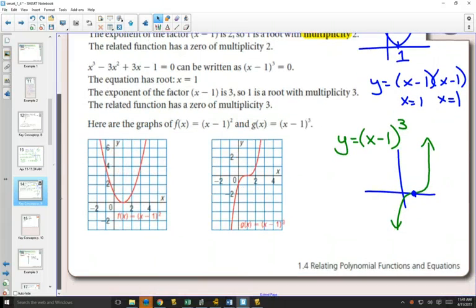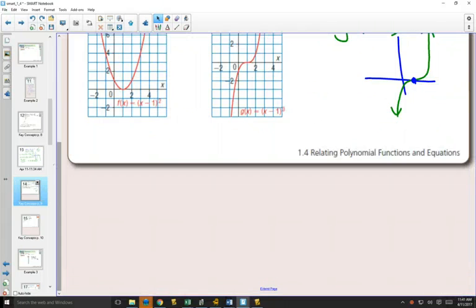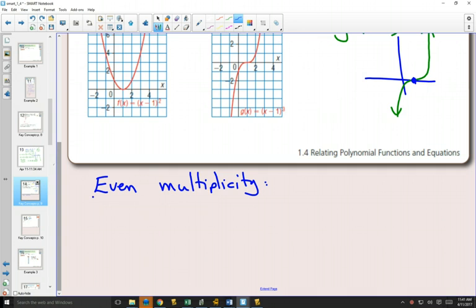What I would like you to do is off to the side here, we're going to add some notes. And our notes off to the side can be separated by when a root has a multiplicity that's even.